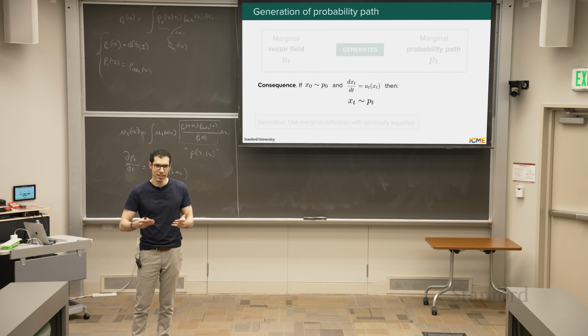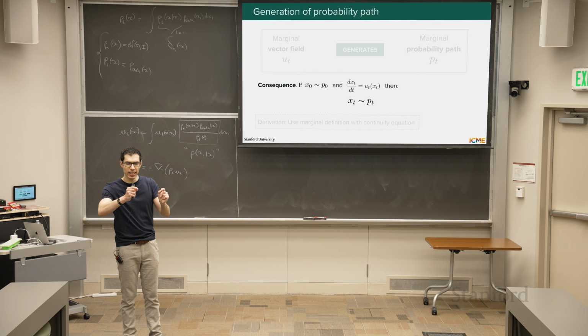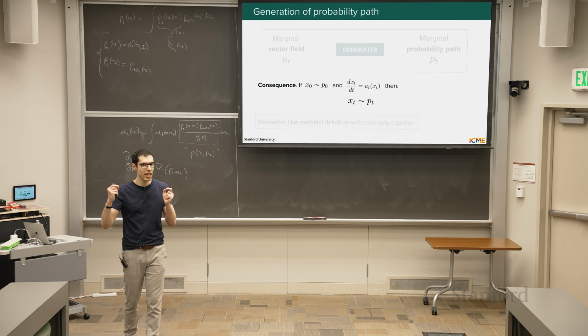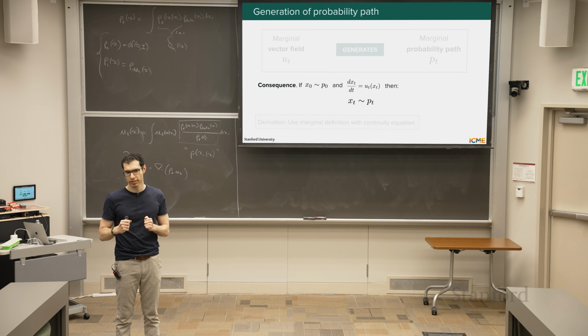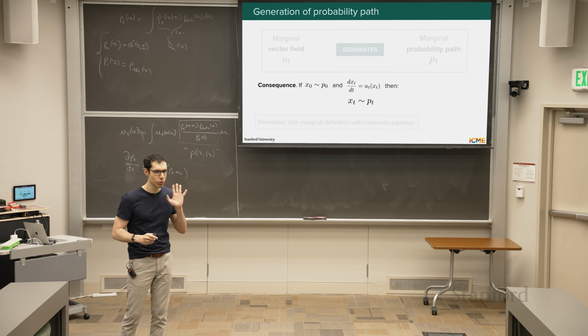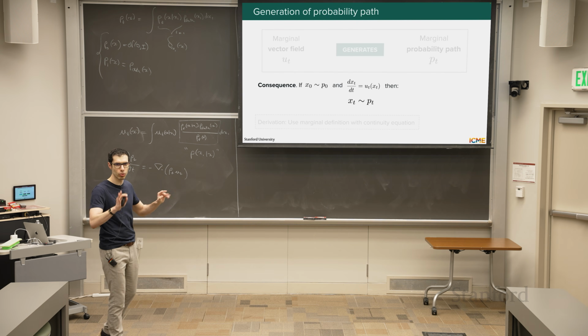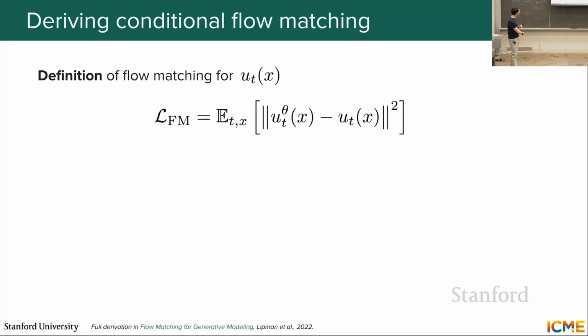This is huge because if you take x0 all the way to t equal 1 with the vector field, then x1 will be following p1, which is what you care about. This can be proven mathematically. We're not going to do it with respect to how much time we have.